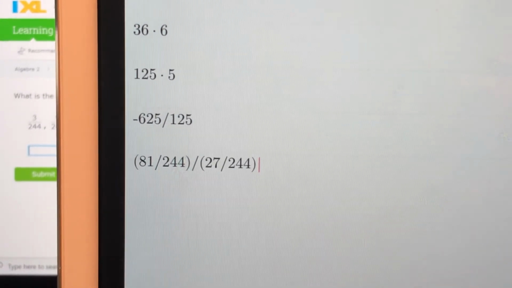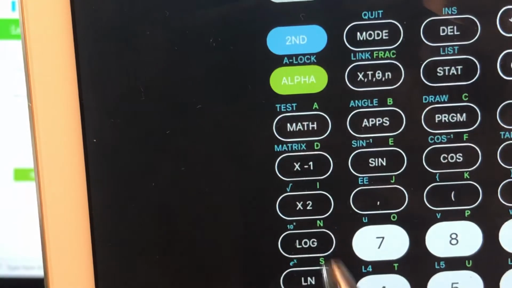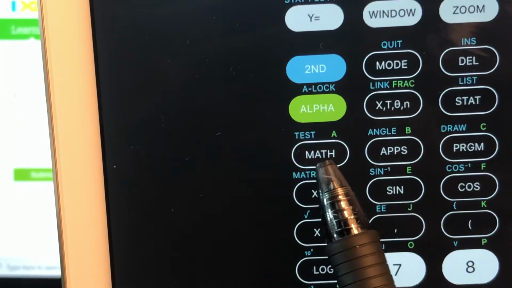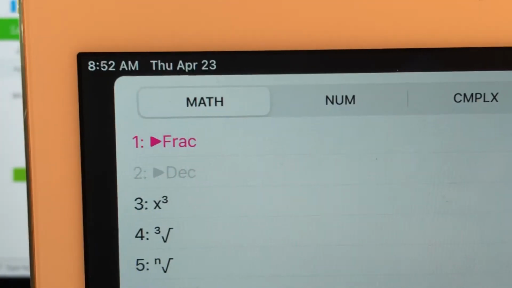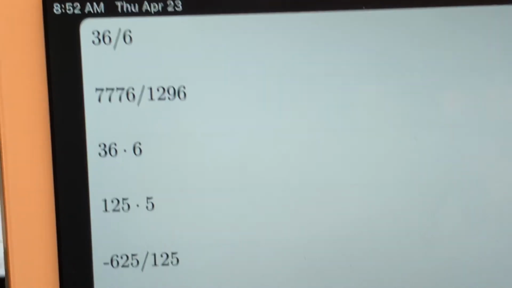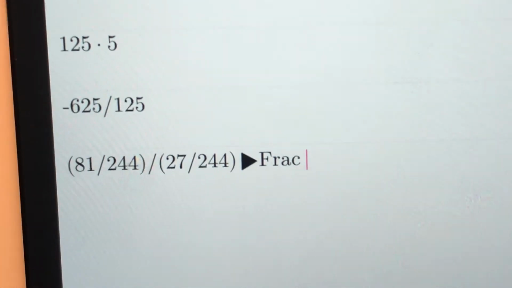So I'm going to hit math. Again, we did this on the previous video. Math, hit that first. And the first choice that comes up is fraction, so I hit enter, and then I hit enter again, just to make sure it gives me a fraction. Well, it's not even a fraction this time, it's just plain old 3. So they're multiplying by 3 each time.